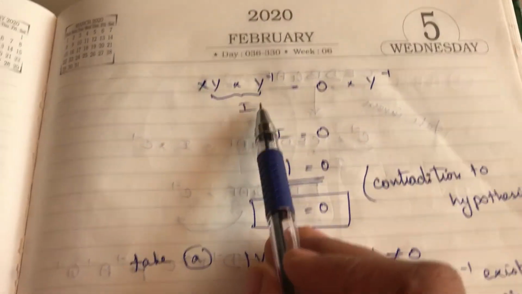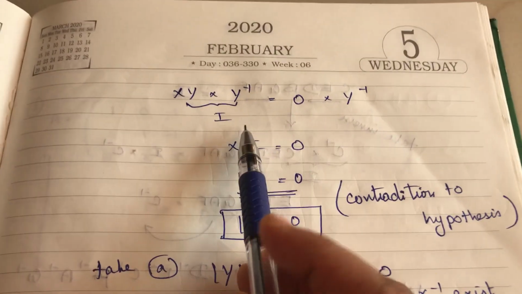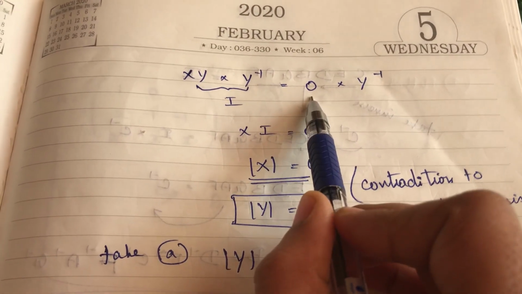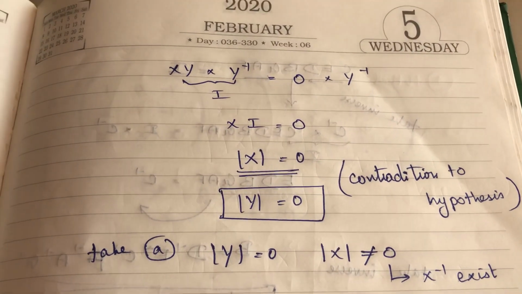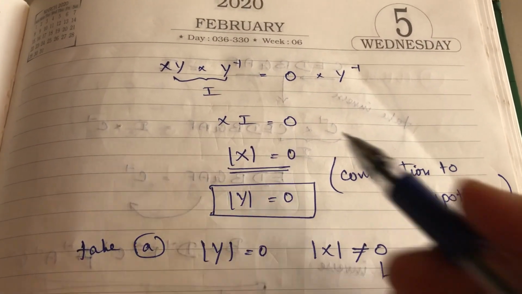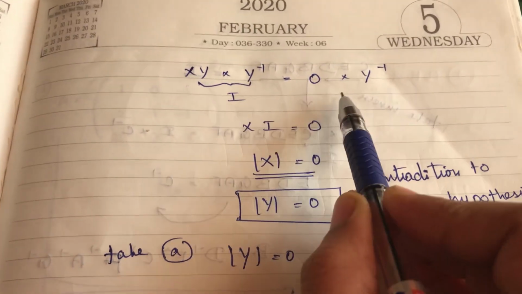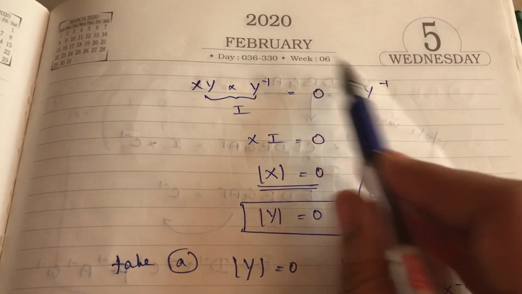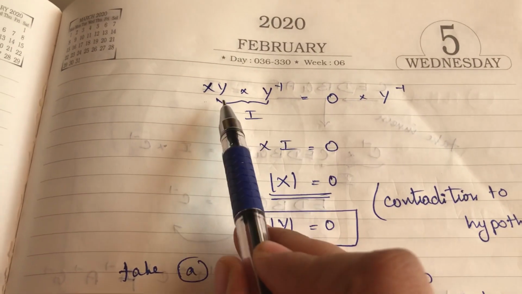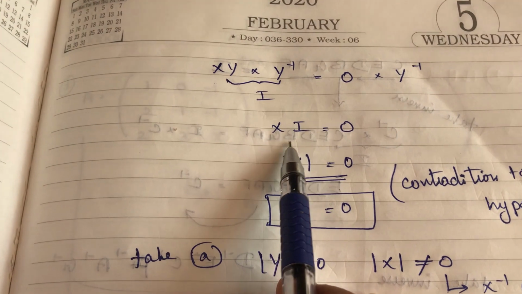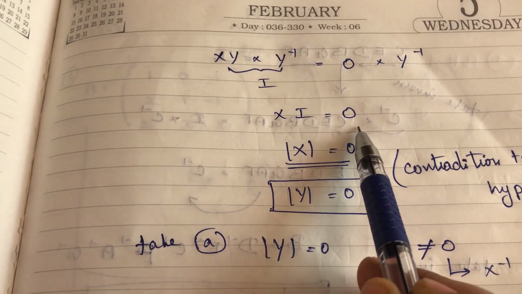So let's see, this inverse exists, so just multiply this function XY which is equal to 0 with Y inverse. So XY into Y inverse is equal to 0 into Y inverse. I am just multiplying these things. So Y and Y inverse will become I. So X into I is equal to 0, right?